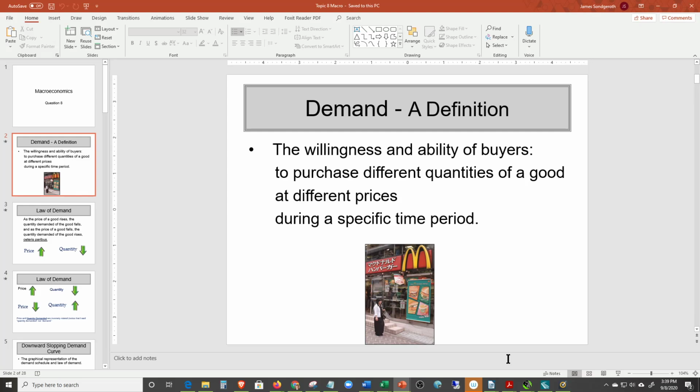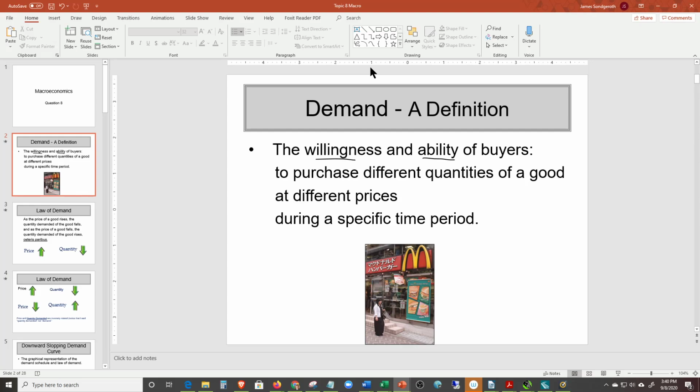So basically, we have here, if I can get my drawing pad in place, two of these variables right here will turn out to be some of the variables we'll hold constant in the law of demand, willingness will be like preferences and ability, income.